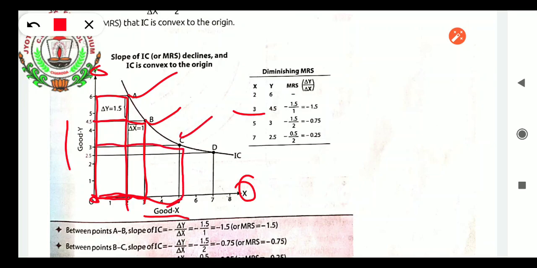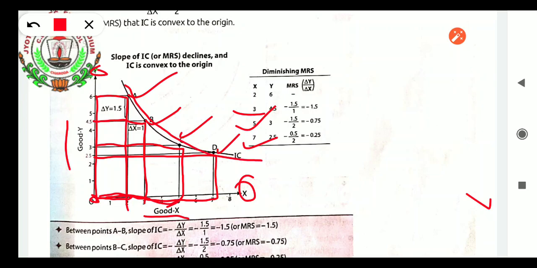I am telling you how the brackets, the square shapes, come here. And the graph is made, 5 to 3 is completed. Now 7 to 2.5. Here it will come to 7 and here it will come to 2.5. So here we get point D. Joining these points, the locus, we get the IC curve.